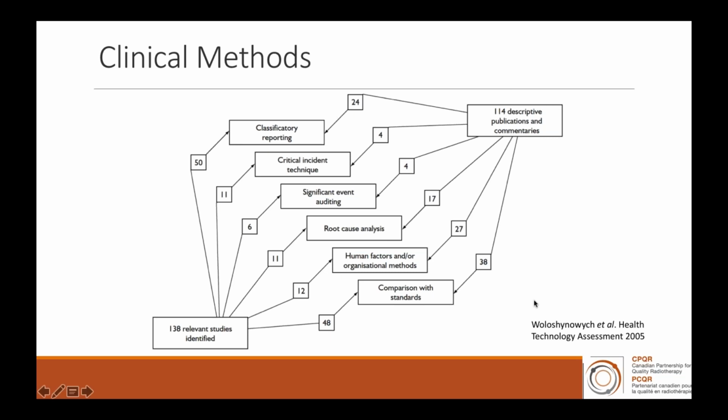And it turns out from this review that comparison with standards and classification of incidents were the most frequent papers out there. However, there were also non-negligible tools that were reported in the literature, including critical incident technique, significant event auditing, root cause analysis, and human factors and organizational methods. And each of them offer a point of view or a perspective on what it is that happened and can lead to different recommendations.